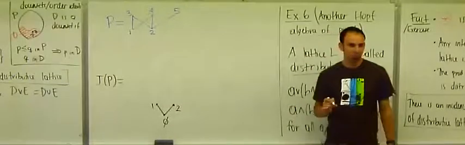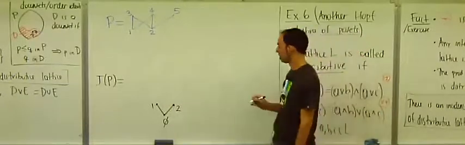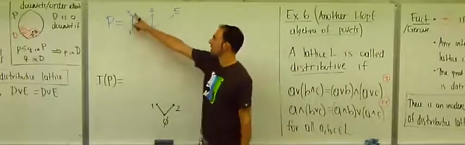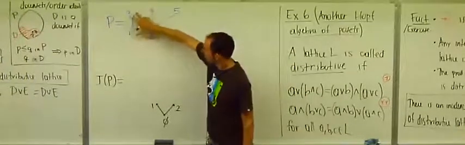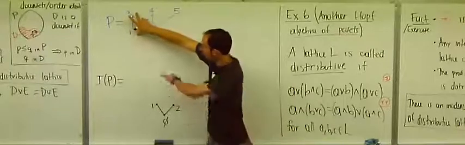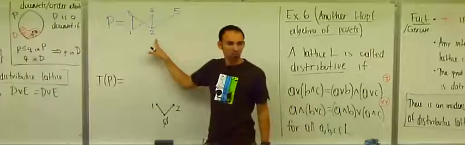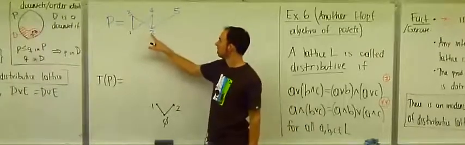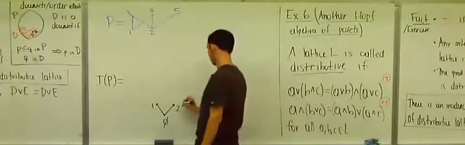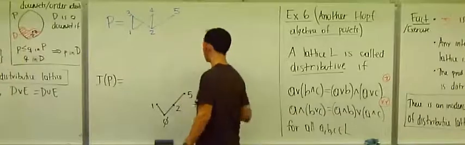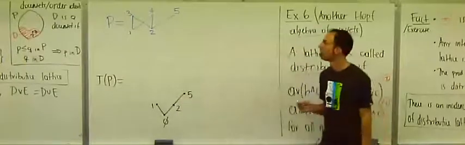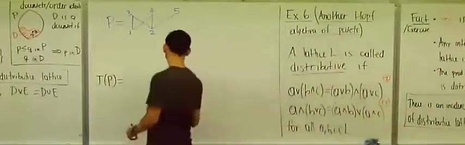What are the downsets of two elements? Is 1 and 3 a downset? So 1, 3 is not a downset because if you contain 3, you must contain 2. 5, 2 is a downset. Any other ones? Downsets of two elements? 1, 3, 2 is a downset, but it has 3 elements.